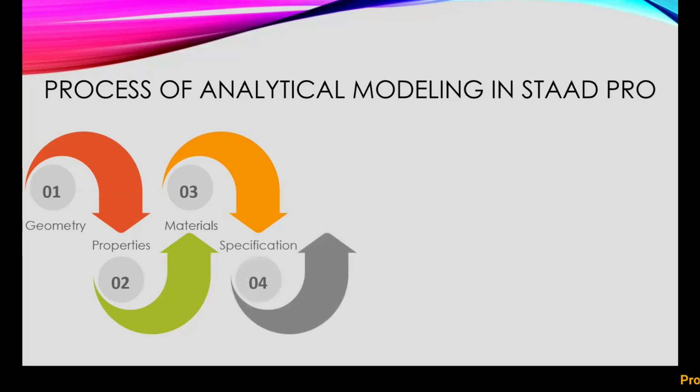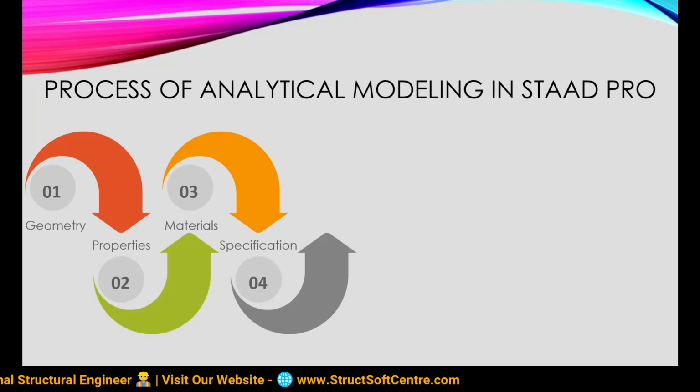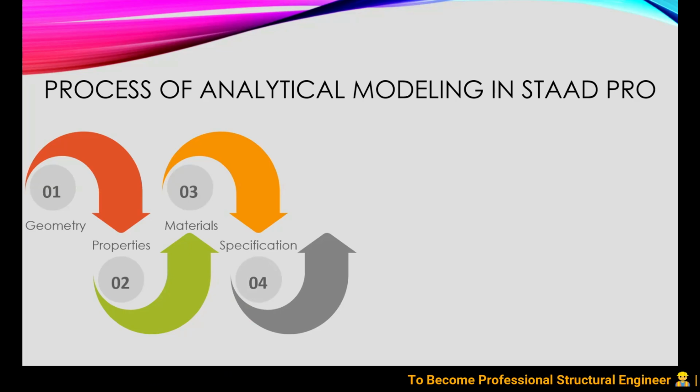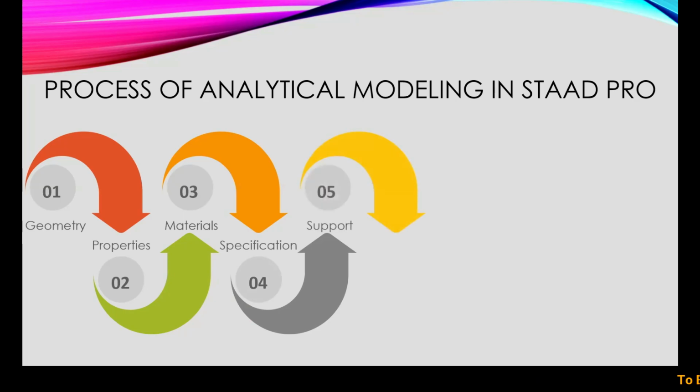After that, specifications. In these beams, sometimes you need to provide releases, or sometimes you need to assign them as truss members. There are certain specifications which we will understand in detail later on. Next, support condition.